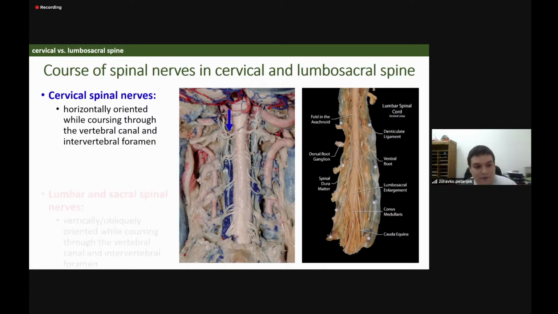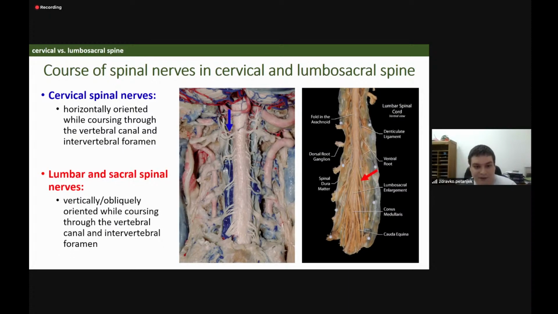However, lumbar and sacral spinal nerves are obliquely or sometimes even vertically oriented while coursing through the vertebral canal and intervertebral foramen. This is because the spinal cord ends at the level of the first and second lumbar vertebrae, and the rest of the spinal nerves have to descend through the vertebral canal in order to reach their appropriate spinal segment.